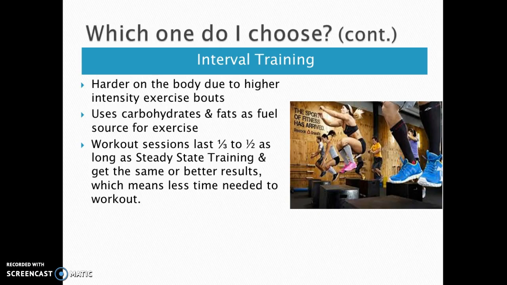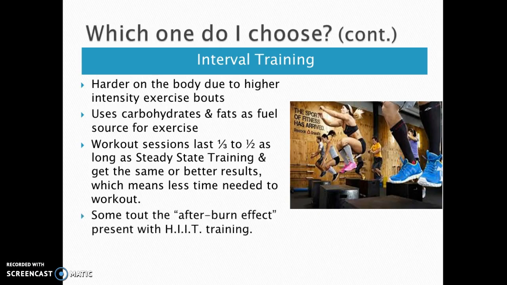With the interval training, workout sessions last 1/3 to 1/2 as long as steady state training due to the higher intensities. And like I said, you get the same or better results, which means you need less time to work out. And so if the excuse that you guys have is, I don't have enough time to work out, this might be a choice for you.